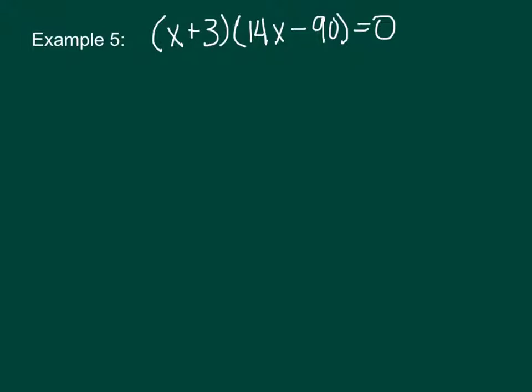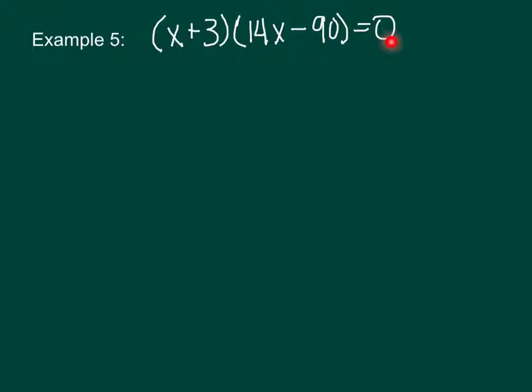I'm going to do one more example using just the zero product property. So here I've taken out all of the need to factor. As you can see, my example, x plus 3 times 14x minus 90 equals 0 is already factored. It's already the product of two binomials.